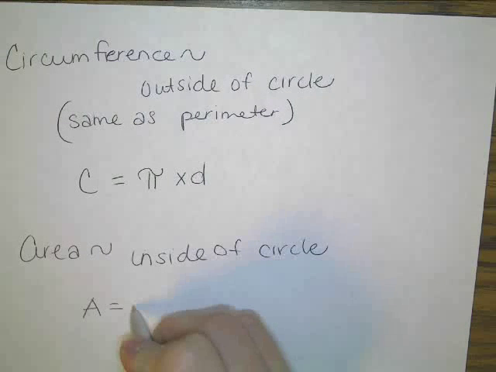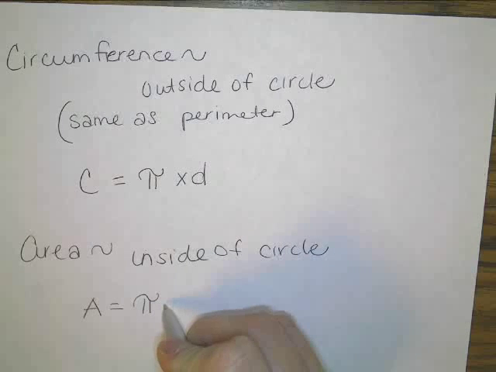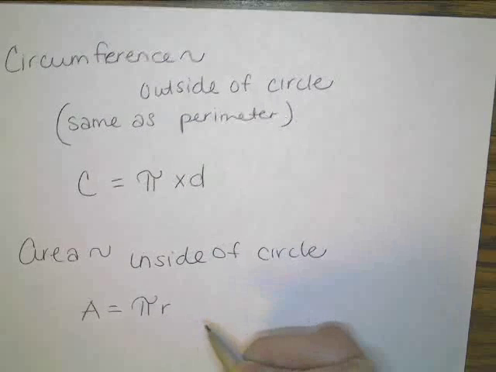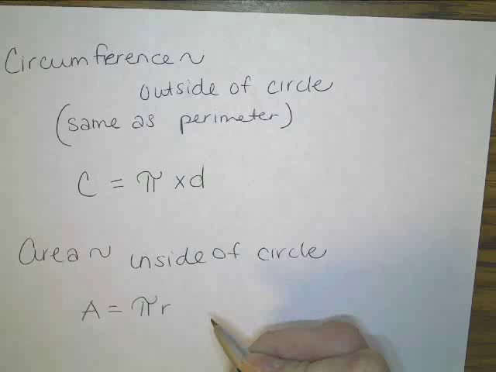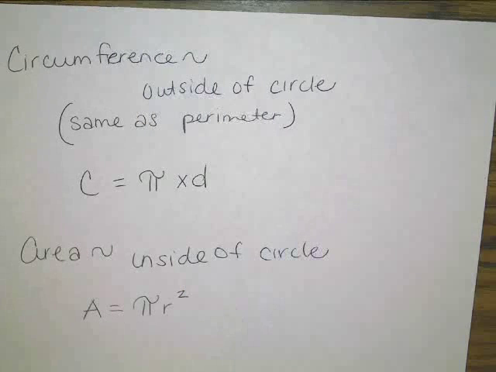Pi times the radius. Pi, radius, and what is area measured in? How do we label it? Squared, so we know we have a square. So that's times itself. Pi times r squared. You have to know how to work with a square. So we'll get there. But those are the two equations you need to know.